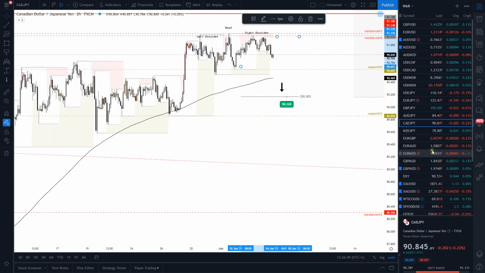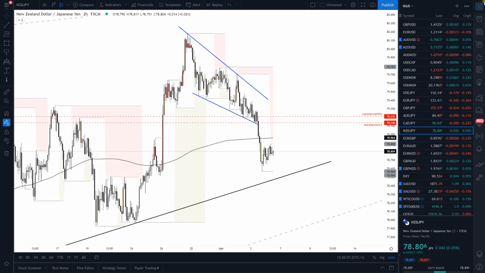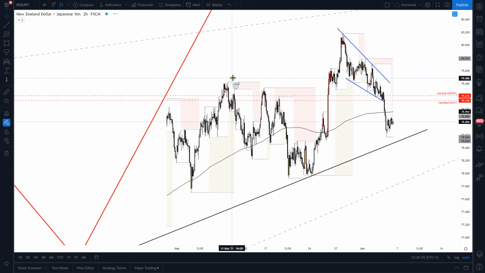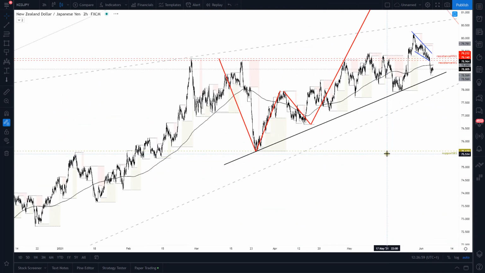So more bearish also for the Canadian versus the yen. New Zealand has already fallen below this pennant or this wedge here.